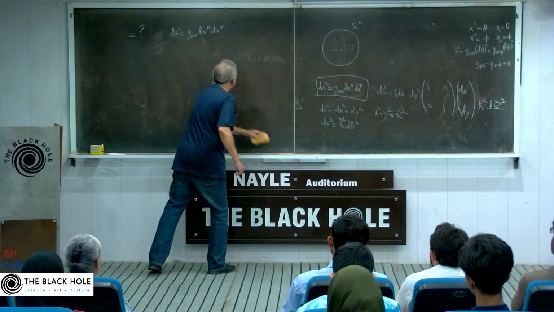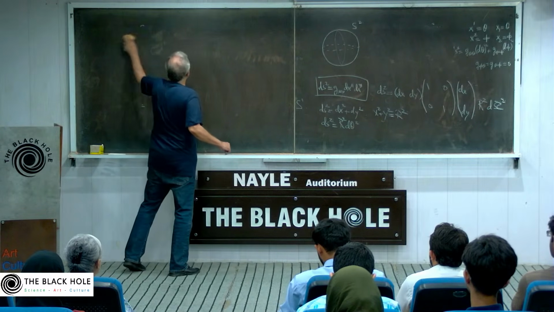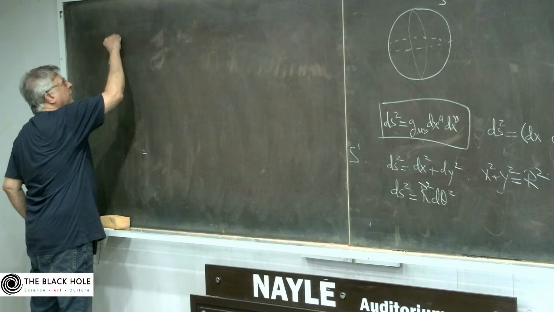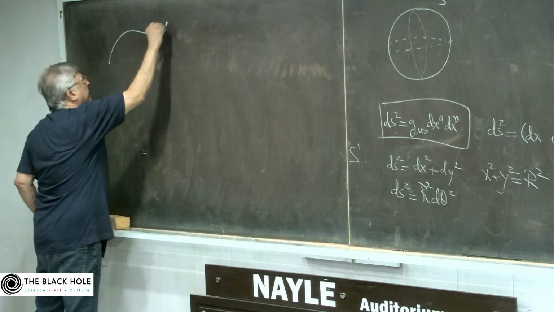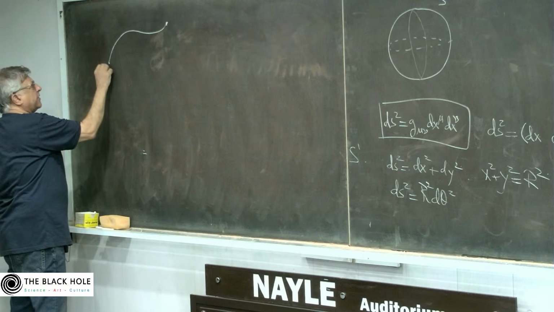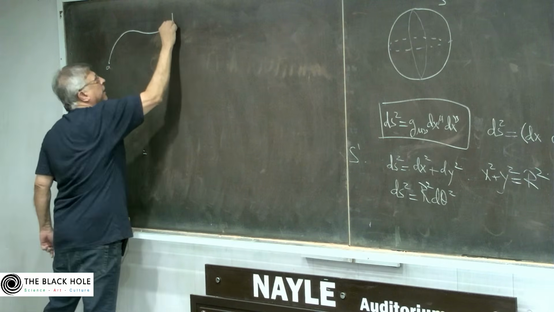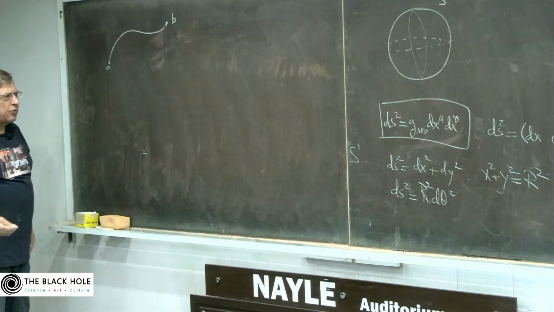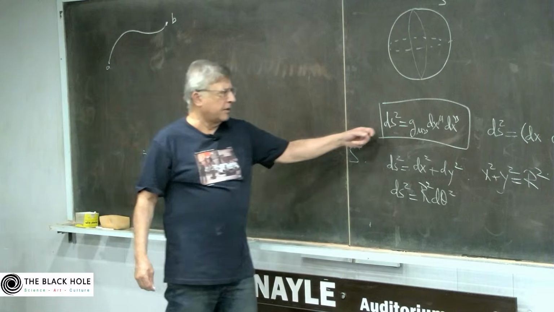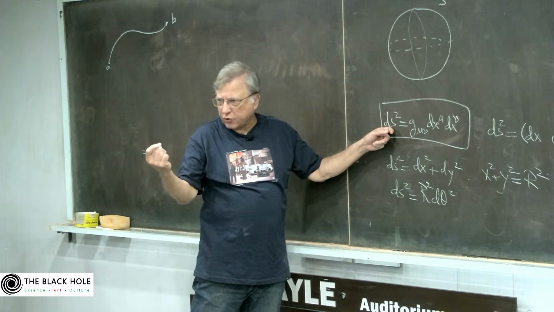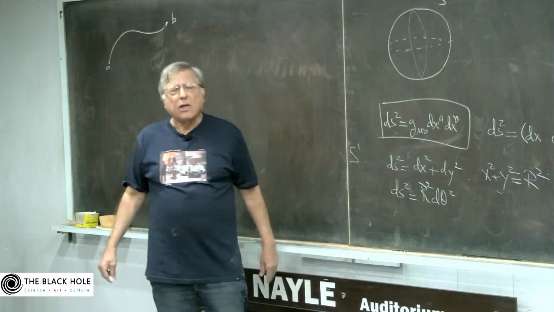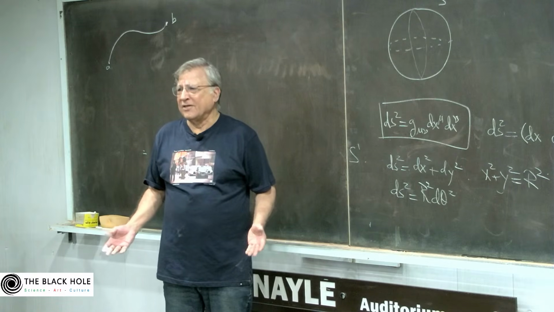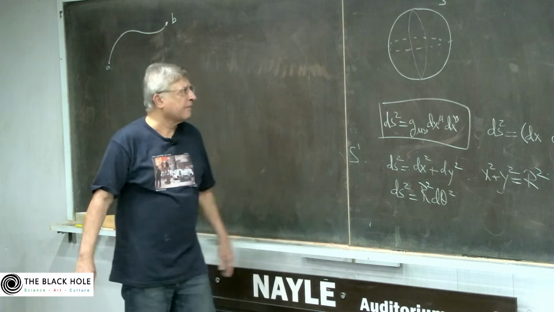But I want to now move on my manifold from here along some path to here, let's say from A to B. So far, I've only told you about the distance between two very, very close points. So what should I do to get the total distance? Add up the little pieces.